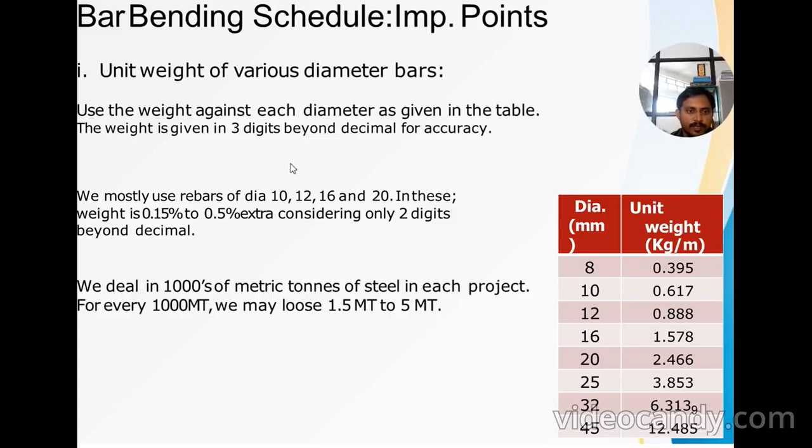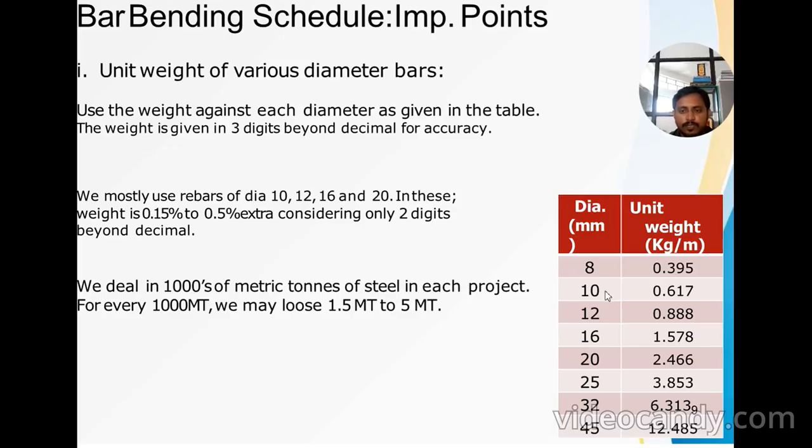So how do we calculate the unit weight of each different type of bar? There is a formula for calculating the unit weight of a steel bar, that is d square by 162. Here d is nothing but the diameter of the bar. So when we place the diameter, for example 8, so 8 square by 162, we get the value 0.395. Same d square by 162 is the formula for unit weight of steel bar.